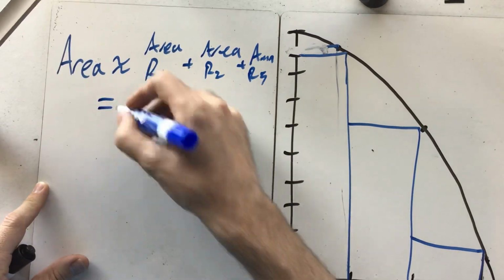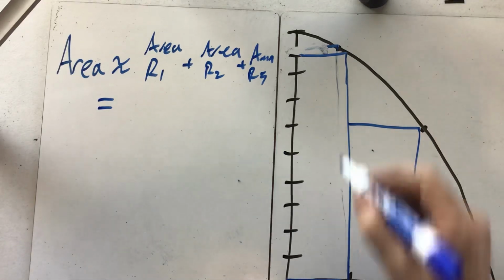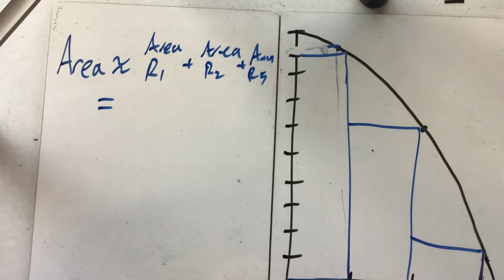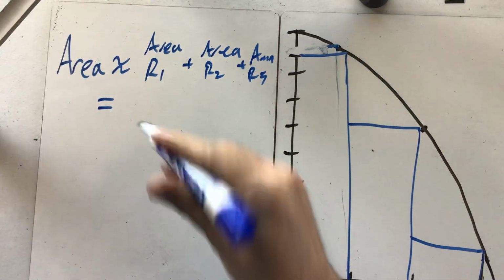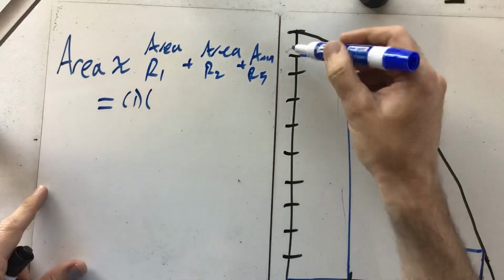Now I'll use equal signs to say the area of that is this base times this height. The base is 1 because this went from 0 to 1. If I put notation on here, I've got 0, 1, 2, 3. So that base is 1, and the height looks like 9.